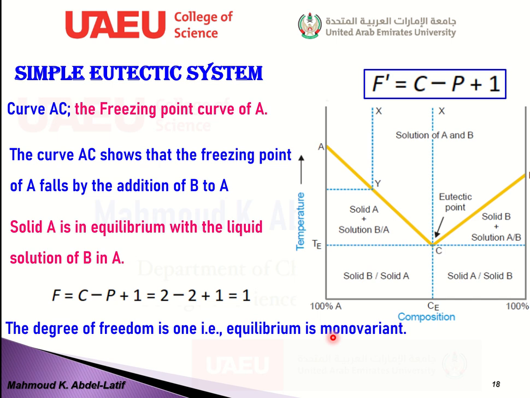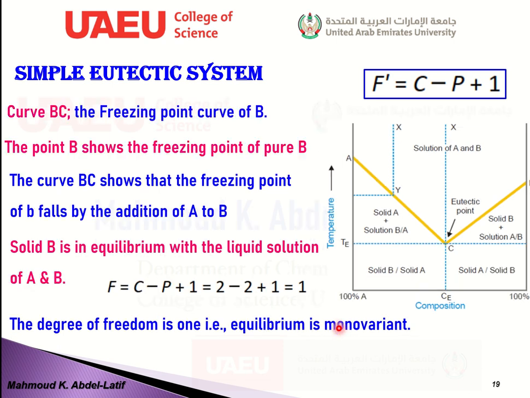One variable can be changed, and the other one will be changed automatically. It means the composition and temperature cannot be varied independently. If you change the temperature from here to here, the composition will be fixed automatically. Otherwise, you cannot move from here to here. You will skip the equilibrium between pure solid A and the solution of B with A.